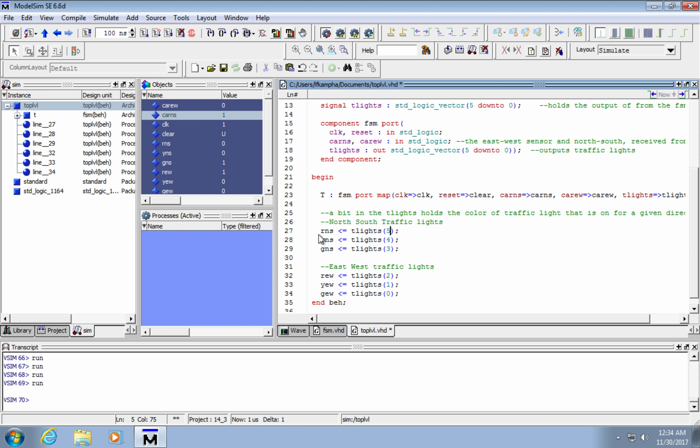Red north-south is my most significant bit in the vector, while green east-west is my least significant bit in the vector. So it will follow in that order.